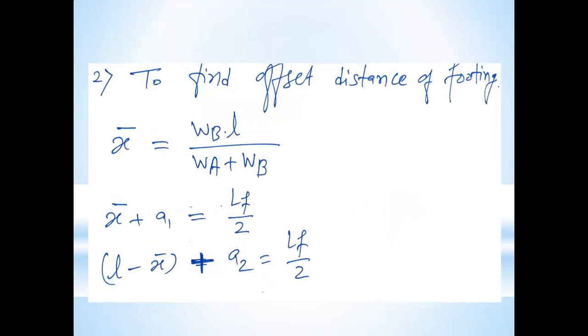Write down this step to find the offset distance of the footing, that is X bar equals WB into L upon WA plus WB. X bar plus A1 is equal to LF by 2, where LF is the length of the footing.